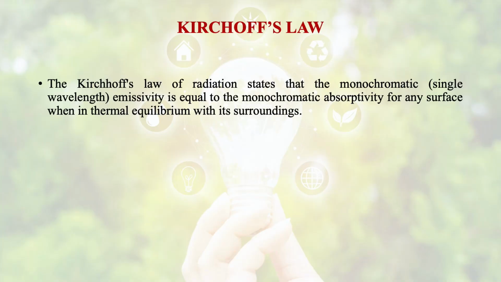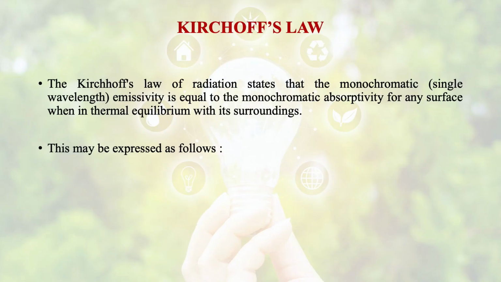total emissivity. Now comes Kirchhoff's law. What is this law for? It is for radiation. So Kirchhoff's law of radiation states that the monochromatic, which means which has a single wavelength, emissivity is equal to the monochromatic absorptivity for any surface in thermal equilibrium with its surroundings.